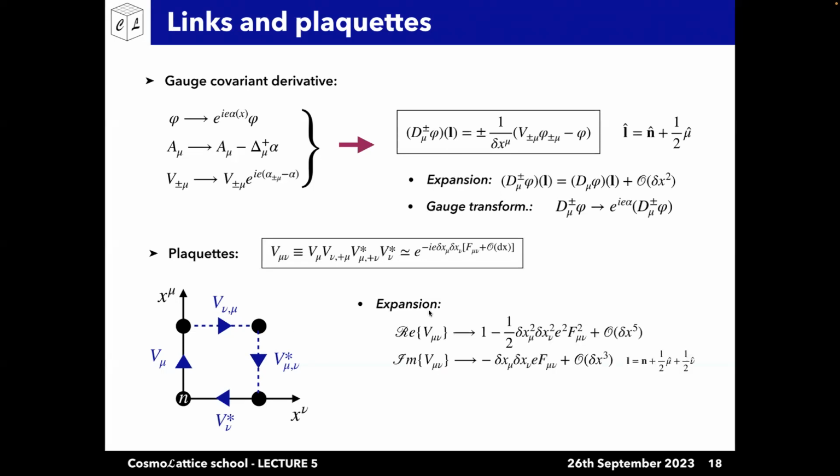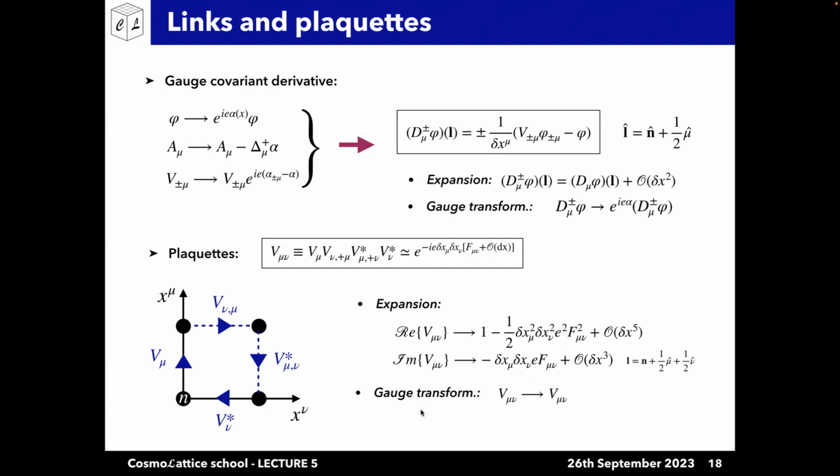You can show that if we expand the real part of the plaquette and the imaginary part of the plaquette, we can recover up to second order the field strength. So we can use this to write the field strength term as a gauge invariant quantity when we discretize the action.